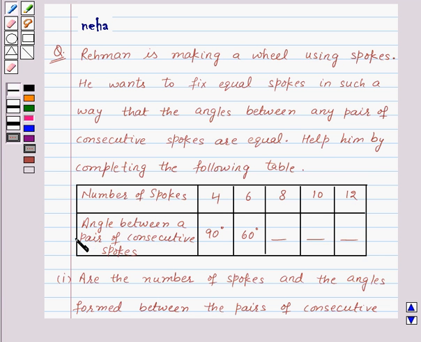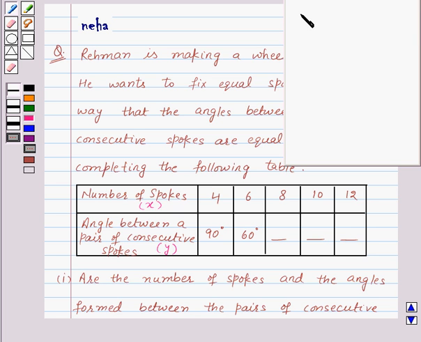Here in the question, we are given the number of spokes and the angle between a pair of consecutive spokes. So let us assume that x represents the number of spokes and y represents the angle between a pair of consecutive spokes.